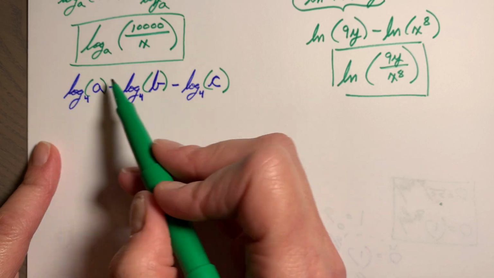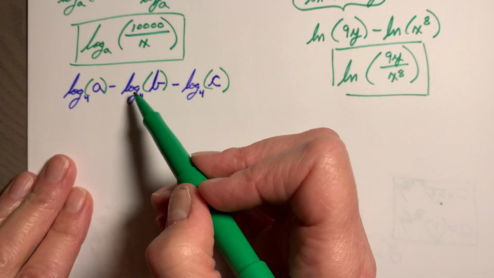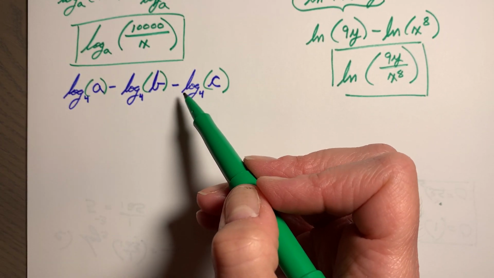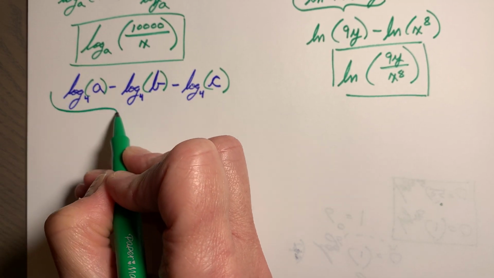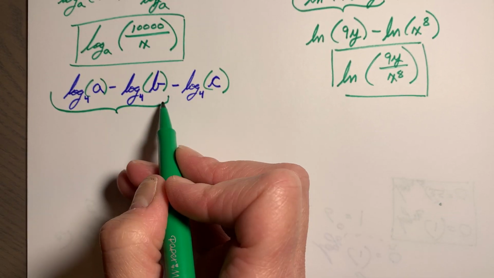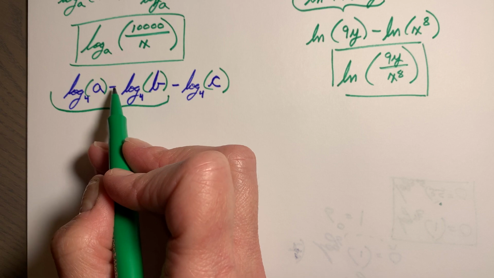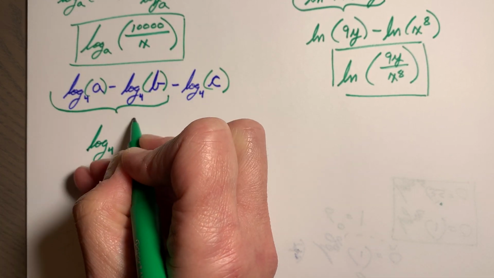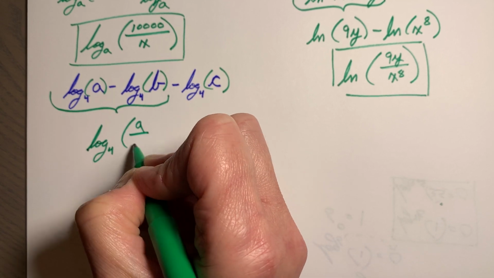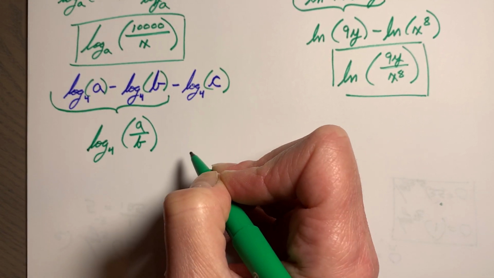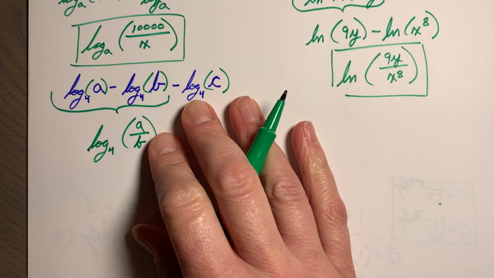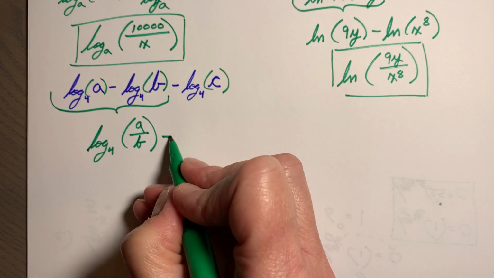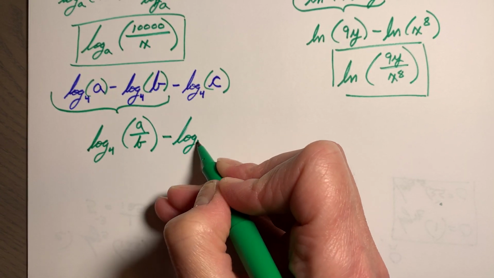I've got coefficient 1, coefficient 1, coefficient 1. But let's go right to our quotient property. If I go left to right, I see the subtraction. And I'm going to rewrite this as log base 4 of a over b. So that's showing that quotient property. We still have to subtract log base 4c.